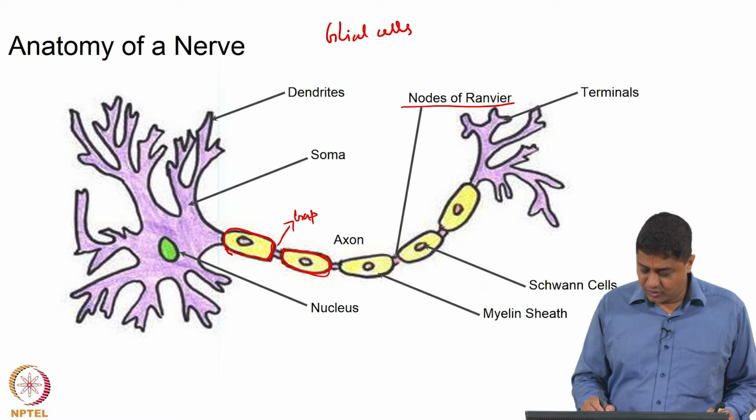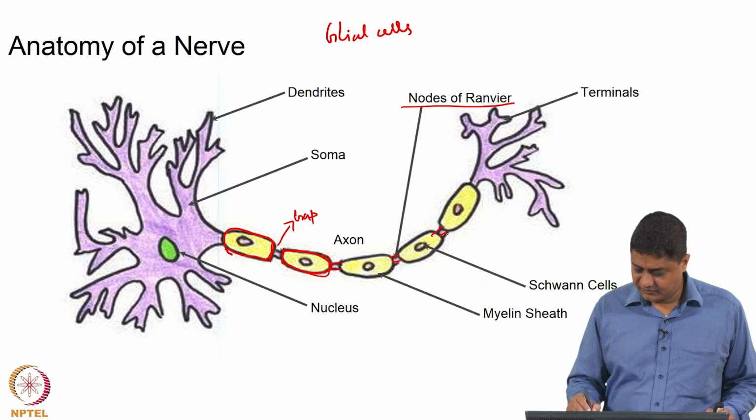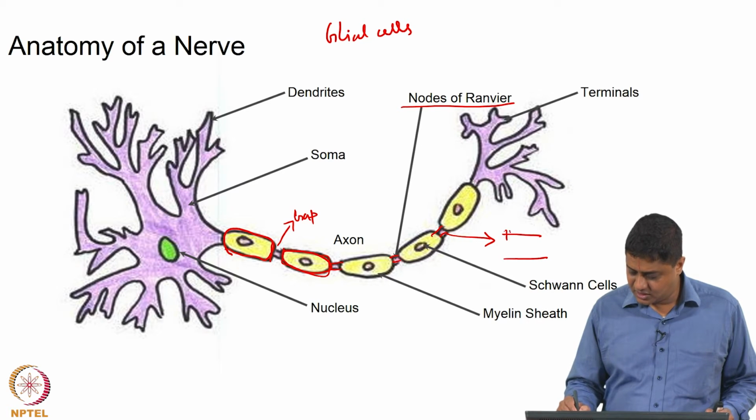What happens in this node of Ranvier? Suppose I have this node of Ranvier and I am zooming in on it. What is actually happening is that there is a great increase in the density of voltage gated sodium channels and voltage gated potassium channels.